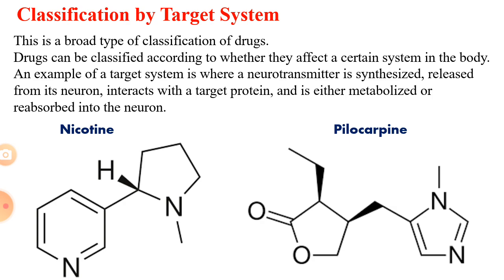An example of a target system is where a neurotransmitter is synthesized, released from its neuron, interacts with a protein target, and is either metabolized or reabsorbed into neurons.